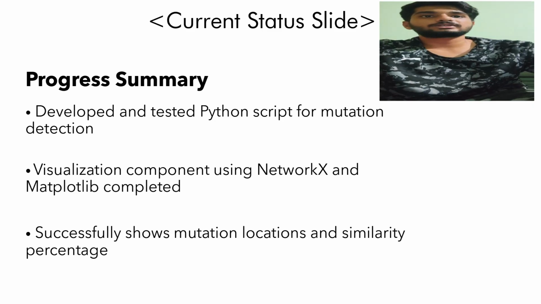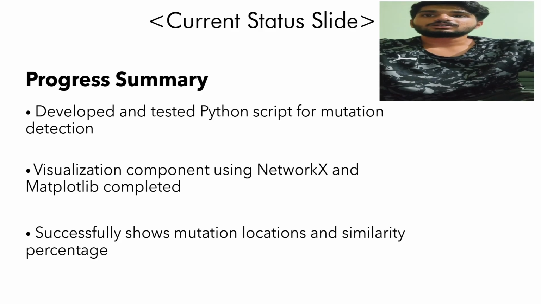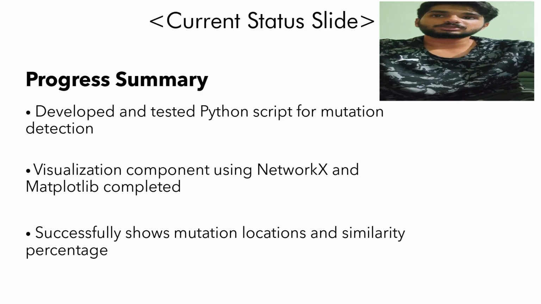To summarize, our graph-based approach to mutation detection offers a clear visual representation and accurate identification of differences between DNA sequences. We have shown that this method works well in practice and provides both clarity and scalability for genomic analysis. We have also successfully built a working Python script that detects mutations between DNA sequences.